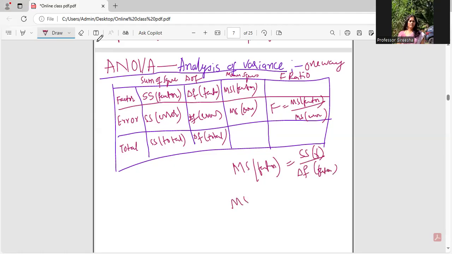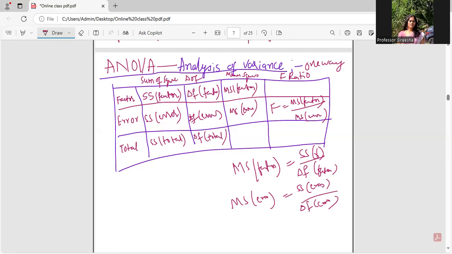Okay. MS error is nothing but SS error by DF error. Now you can understand what F is, right? Where do I use SS total and all? Stepwise I will tell. Just see here.